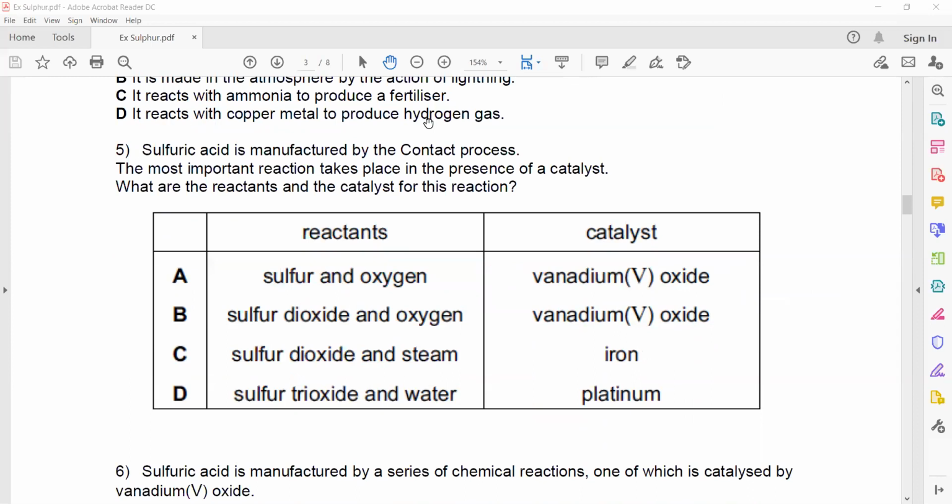Sulfuric acid is manufactured by the contact process. The most important reaction takes place in the presence of a catalyst. So what is that most important reaction? The reversible reaction in which sulfur dioxide reacts with more oxygen, resulting in the formation of sulfur trioxide. And we use vanadium pentoxide, V2O5, as a catalyst.